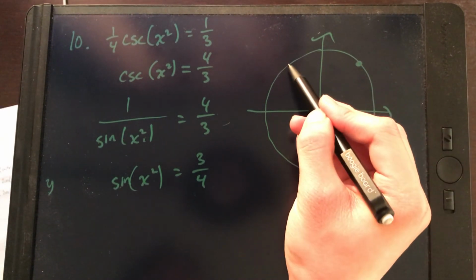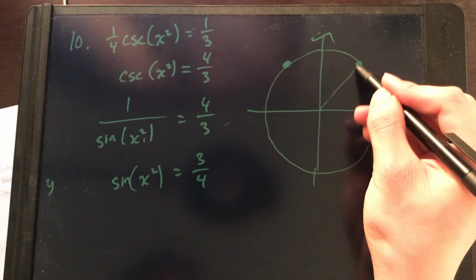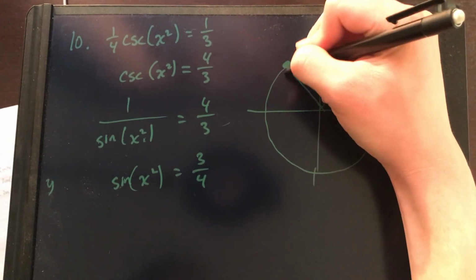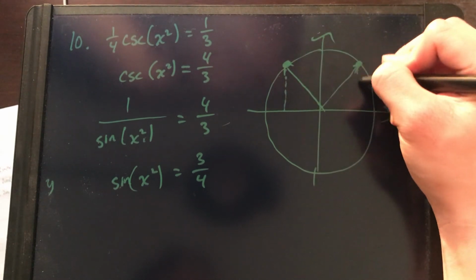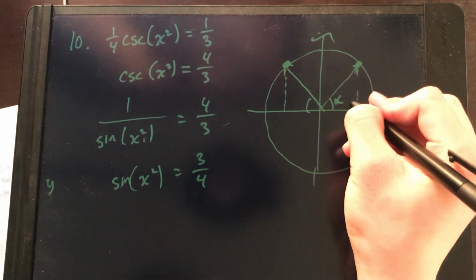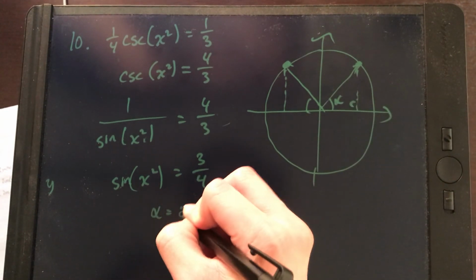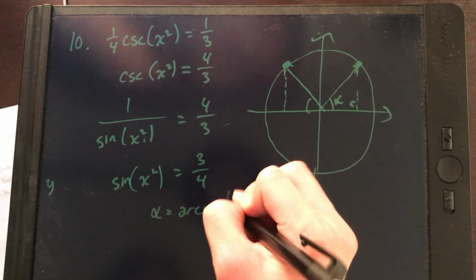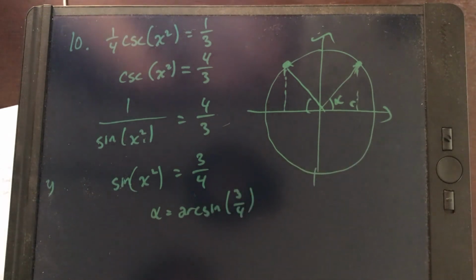Maybe around here in the first quadrant, here in the second quadrant. Draw my arms, draw my triangles, and look at my reference angle. Here, alpha is going to be inverse sine 3/4.